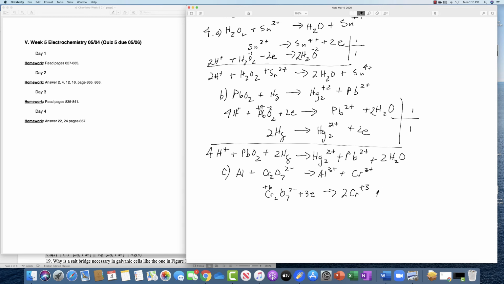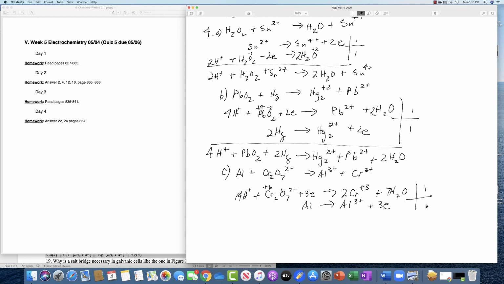Now balancing the oxygens out, we have to get 7 H2O on one side and 14 hydrogen ions on the other side. Now the other part of this is Al goes to form Al3+ plus 3 electrons.